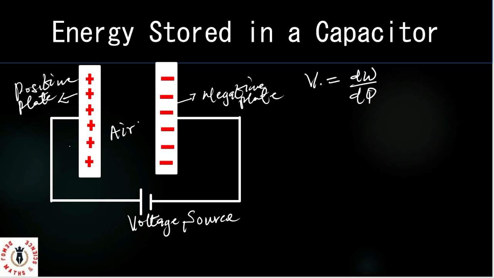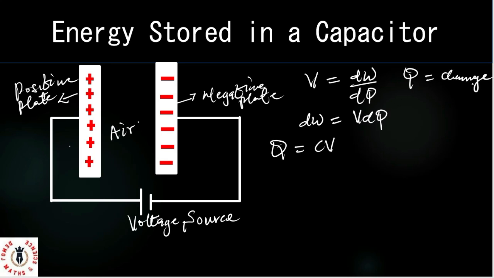Now, if V equals change in work over change in Q, then dW should be equal to V dQ. We know that Q itself is the same thing as CV, where Q is the charge in coulombs, C is the capacitance of the capacitor, and V is the voltage across the whole capacitor.